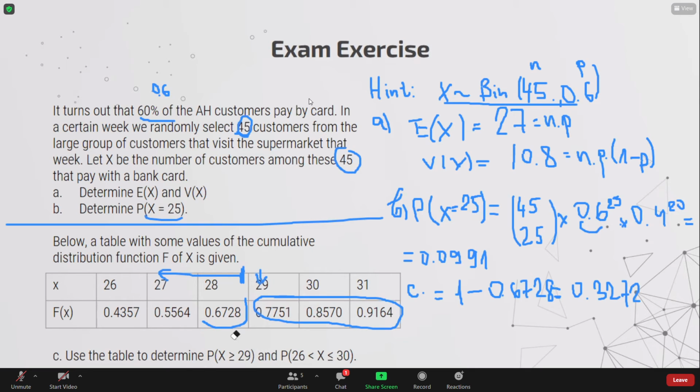And the next probability, we have to calculate x being between 26 and 30, including 30. What can we do here? Does somebody have any suggestion?